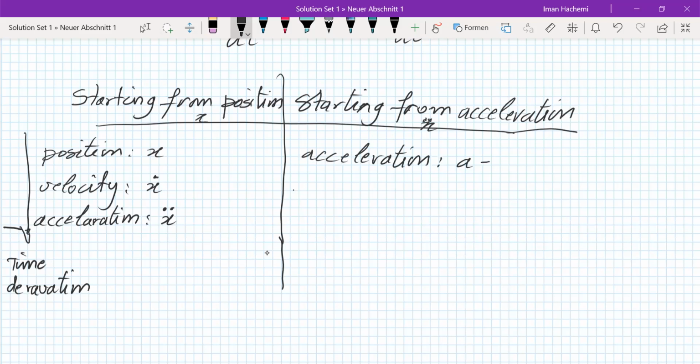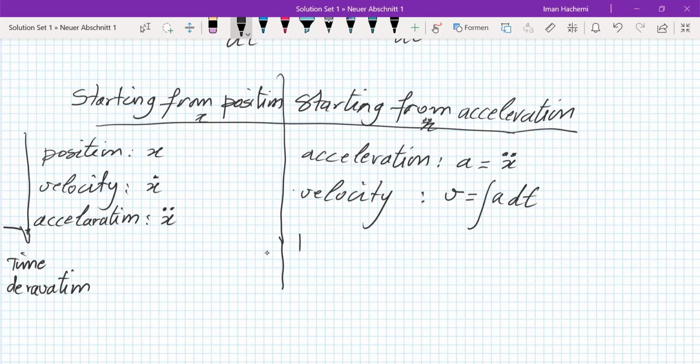Let's say a equals x double dot. After this we have the velocity v, which is only the integral of a dt.